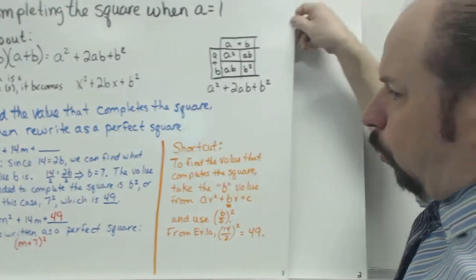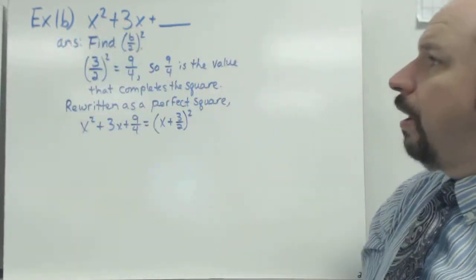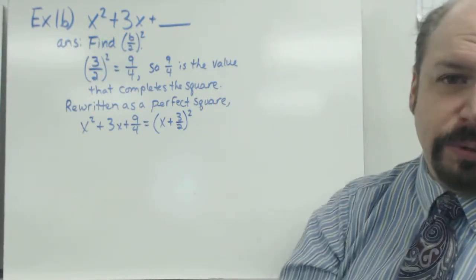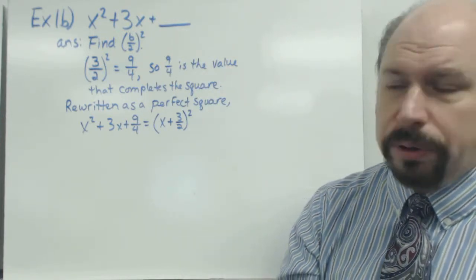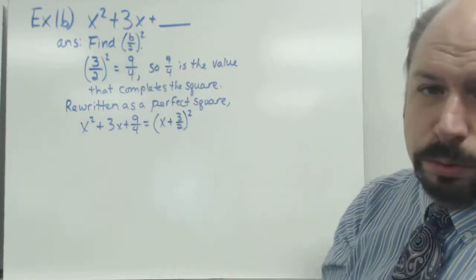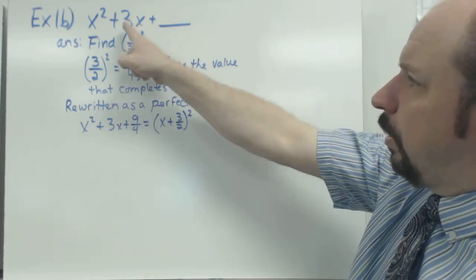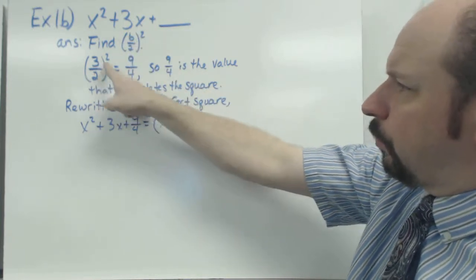Okay, so we're going to do one more of those. We have x squared plus 3x plus what number completes the square, and then rewrite it again. So again, find b over 2 quantity squared. So half of 3 is 3 over 2 squared.